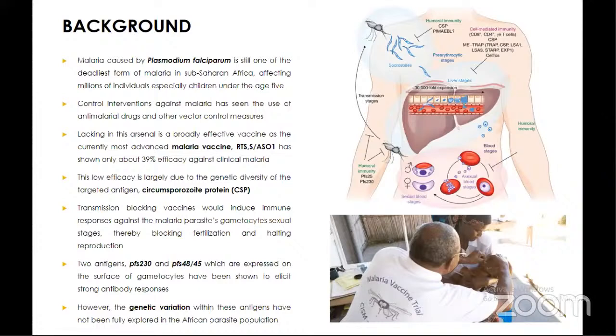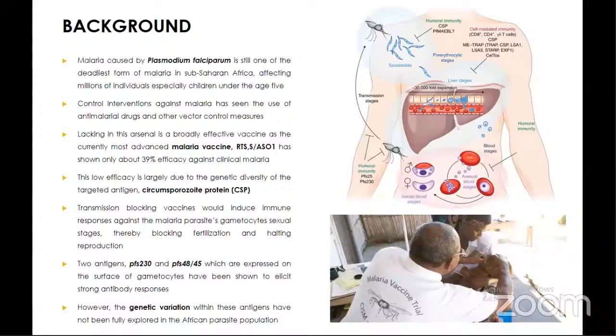Over the years, vaccines targeting the malaria parasite life cycle have been tested, but they all face the problem of low efficacy, which studies have shown to be mainly due to high genetic variation of circulating parasites in the population. Notable among these is the currently most advanced malaria vaccine, RTS,S, which targets the liver stage of the parasite.